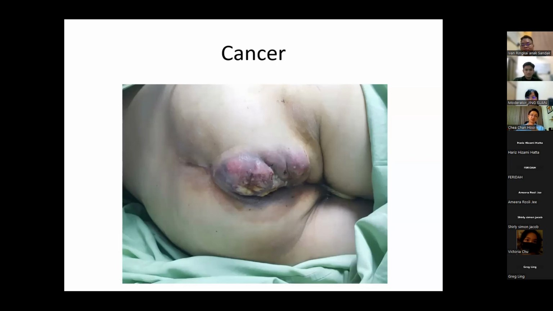In fact, she has been to a lot of doctors who just prescribed her hemorrhoidal medications until it got quite severe and painful, and finally got infected, and therefore she came to the hospital. And obviously, even you guys, medical students, can tell this is no more a hemorrhoid. All the while, it was missed as a hemorrhoid, when in fact it is actually an anorectal cancer.